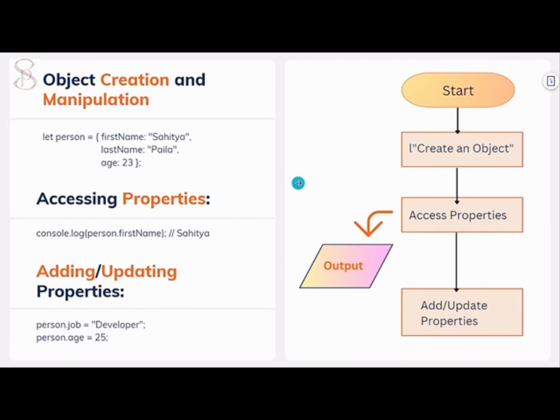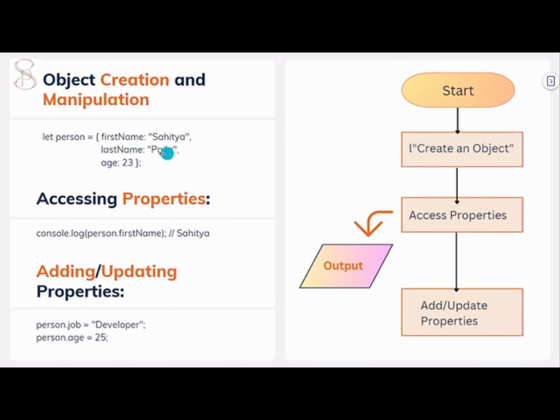We will go through an example, then you will understand. So, let person equals first name Sahitya, last name Paila, age 23. So, this is key value pairs.